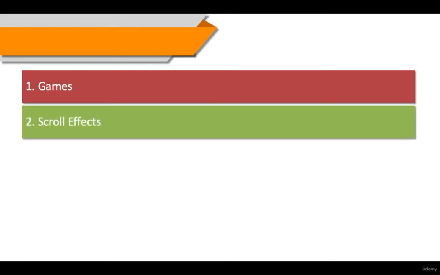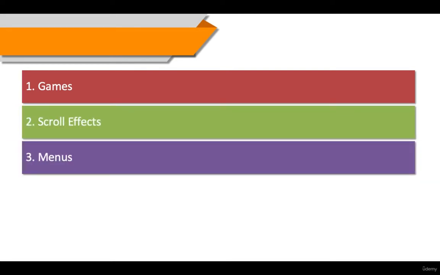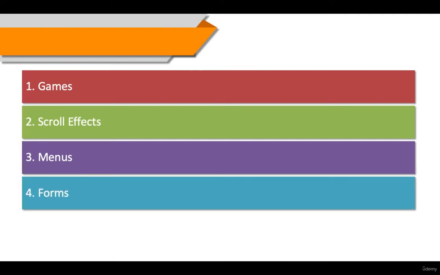We interact with the DOM to do things like games or scroll effects that we see on a website. It's also how we make web pages interactive. It's how we can add animation or drop-down menus. In drop-down menus, we can say when we click this button, open that menu.